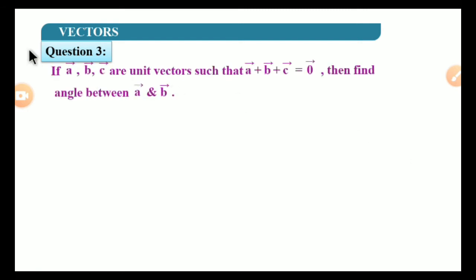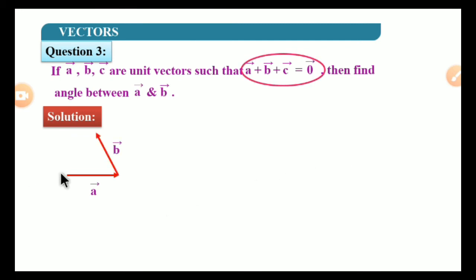Question number 3. If A, B, C are unit vectors such that vector A plus vector B plus vector C is equal to 0 vector, then find the angle between A and B. Solution. Here A plus B plus C is equal to 0 vector.